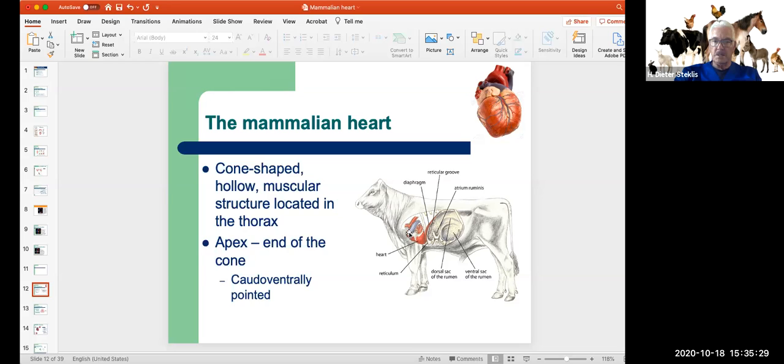So you can see here in this bull, for example, it's just anterior, just north, if you look towards the head end of the sacculated stomach, which is right behind it and separated from the heart by the diaphragm itself.